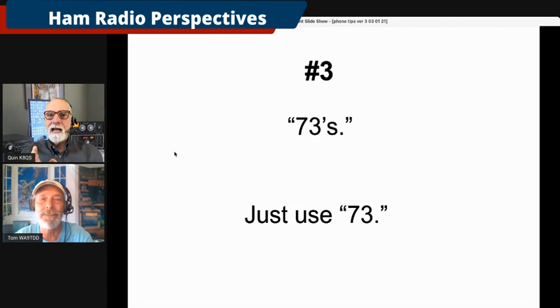Then some phone operators, when they started on phone, started using 73s as if it's best regardses. But 73 is all you really need to say. Or you could say 7-3 at the end, or 7-tree. How about 7/3? You get the point here. We don't need 73s with the S on. Most hams are going to know what you mean. They're not going to get upset about it.